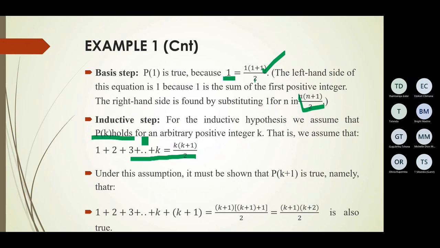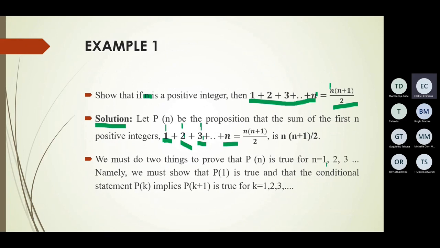So what do we do here? We need to put P of k plus 1. What is P of k plus 1? We need to substitute this n with k plus 1, also this n and this n with k plus 1.